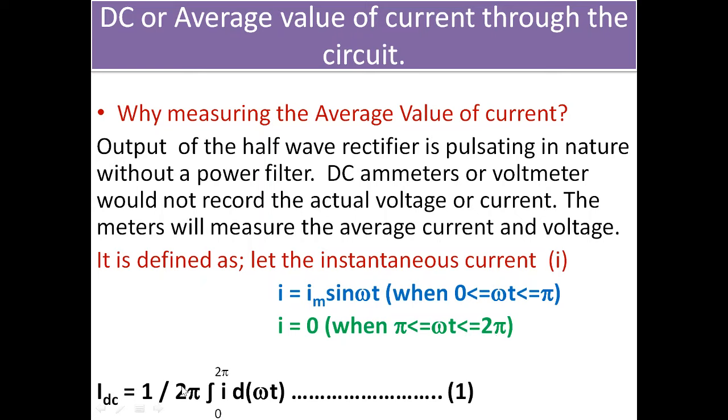Now if we try to analyze the current that is flowing through the circuit, we will call that IDC, which is nothing but 1 by 2 pi integral of I d omega t.